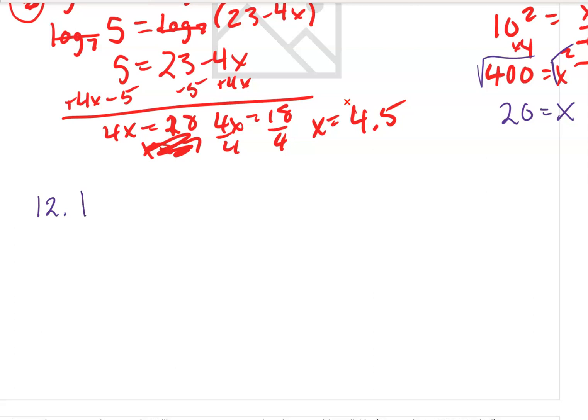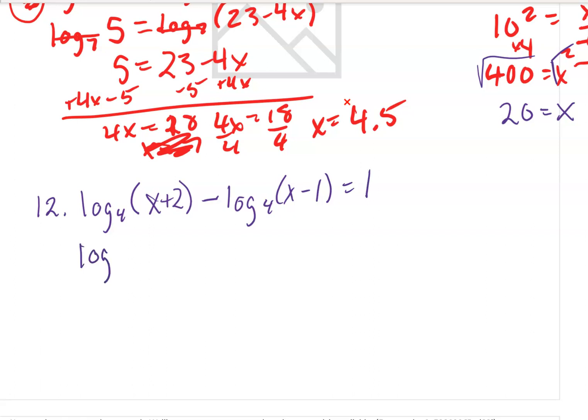We have log base 4 of x plus 2 minus log base 4 of x minus 1 equals 1. So our laws of logarithms, we'll do log base 4 of x plus 2 divided by x minus 1 equals 1. We'll do our loop method.